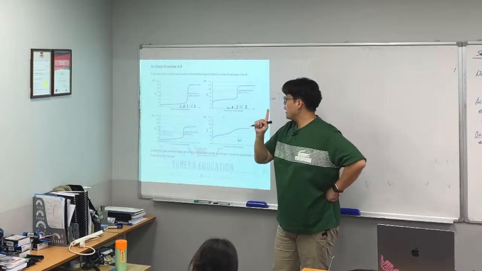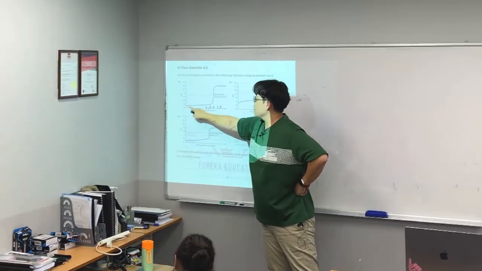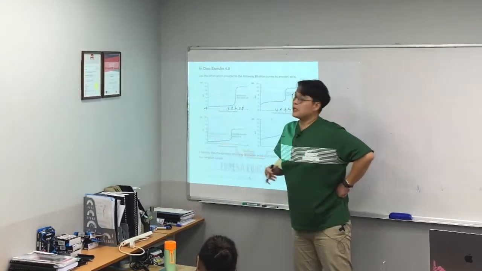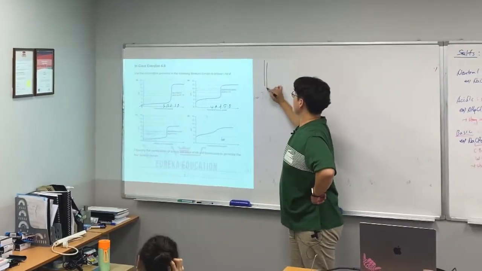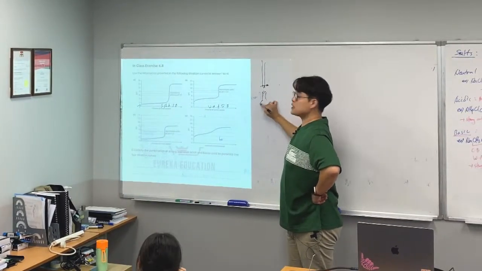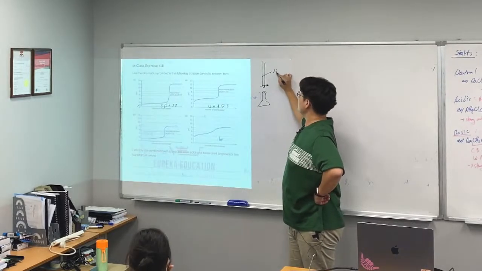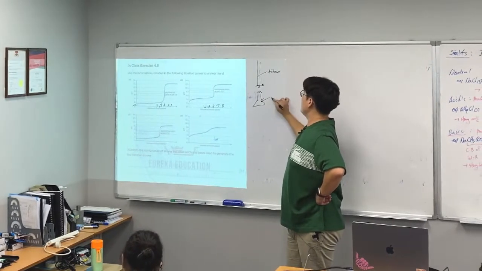Now, we started from the titrate here. So have a think about it. We started from the lower pH, which means, do you remember that? We put it into titrant and analyte.